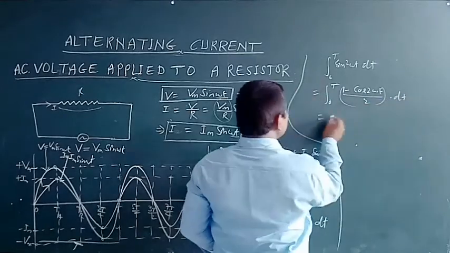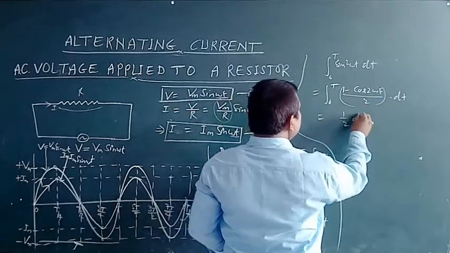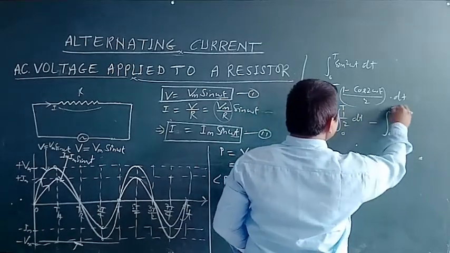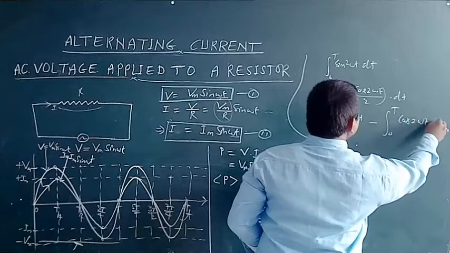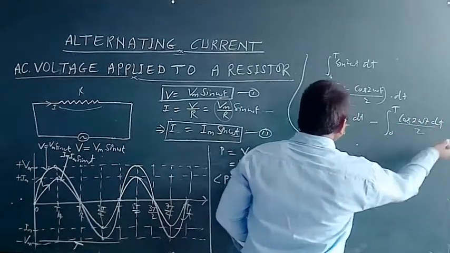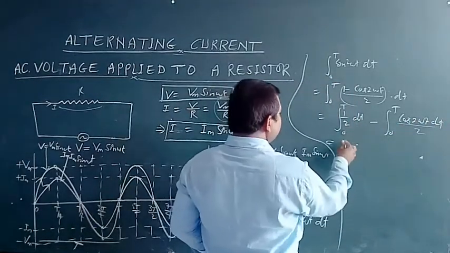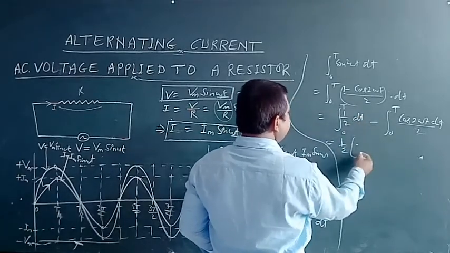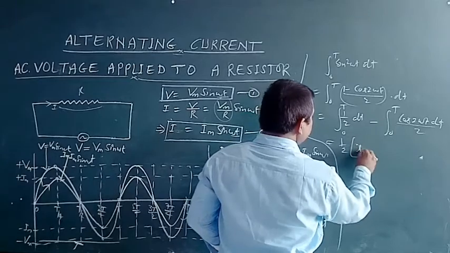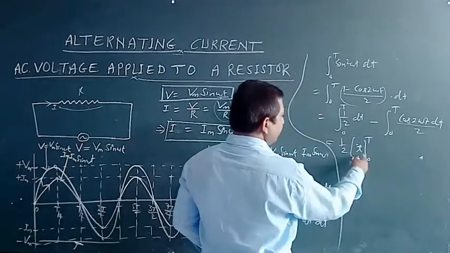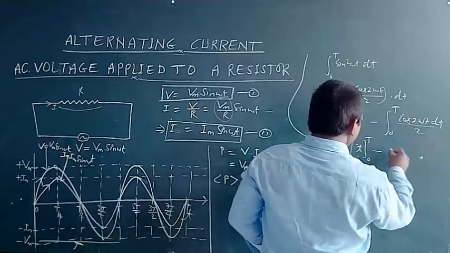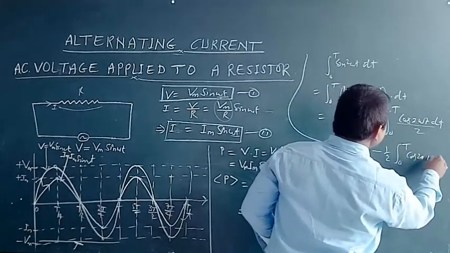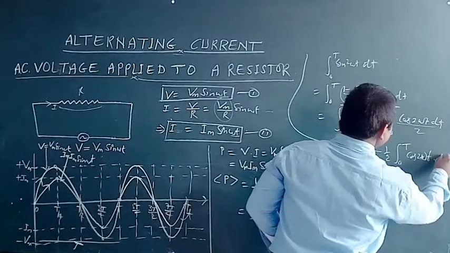So this becomes the integral from 0 to T of 1 by 2 dt, minus half of the integral from 0 to T of cos 2 omega t dt. The integral of 1 dt becomes t, putting in the lower and upper limits.